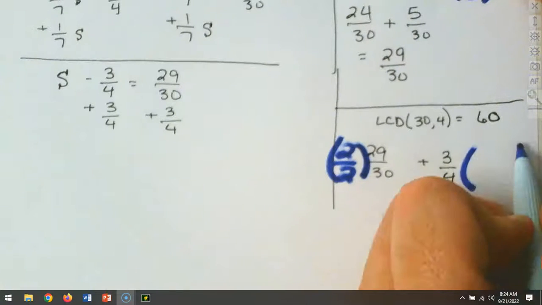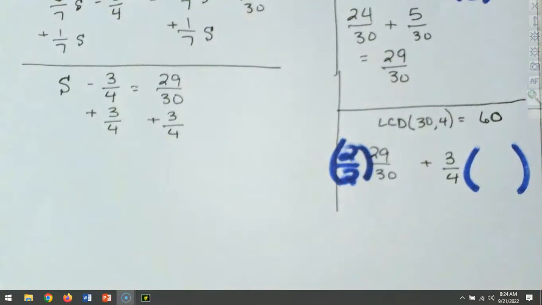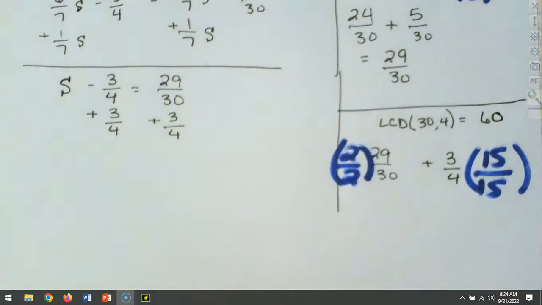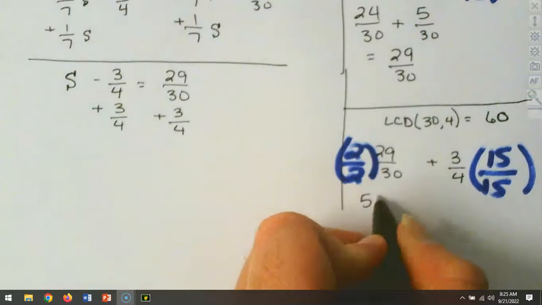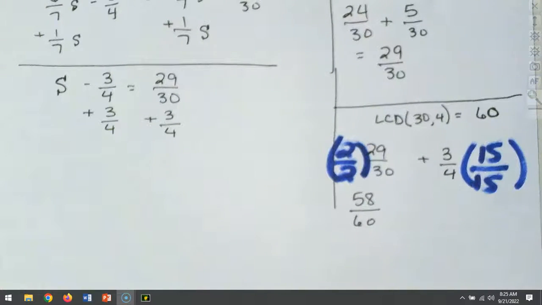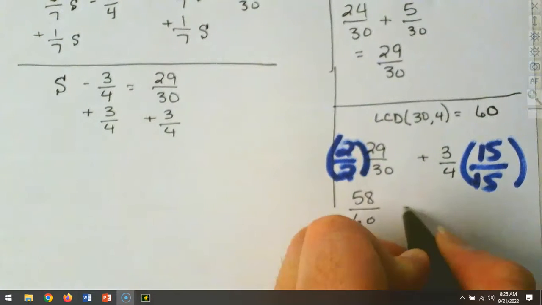And what about the second one? What does it need? 4 times what gives you 60? 4 times 15. So that needs a 15 over 15. Now we can either use our calculator or just do this mentally. 29 times 2, that makes it a 58 over 60. 3 times 15, that makes it a 45 over 60.